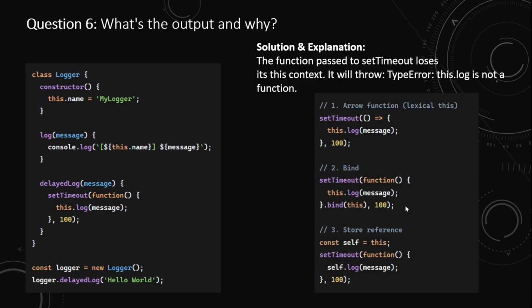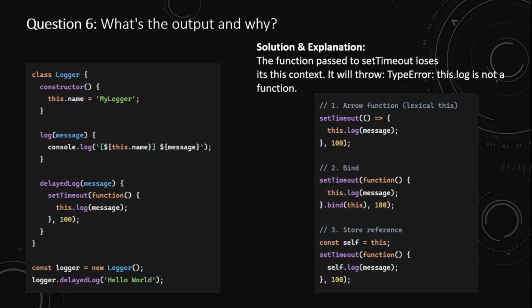Arrow functions can be utilized so that whenever Node.js calls that function, arrow functions don't have their own this binding, and they inherit this from the enclosing lexical scope.